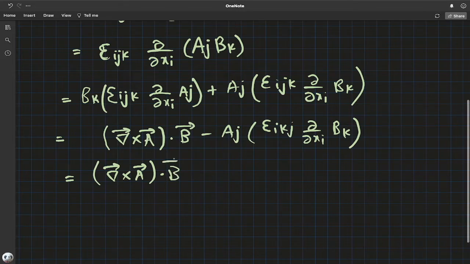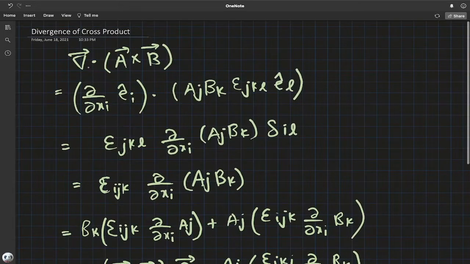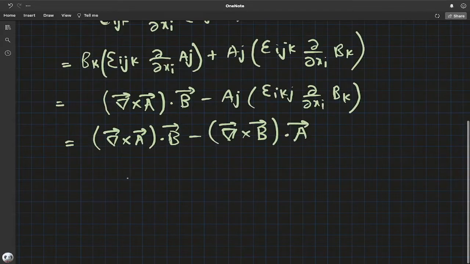And notice this term, just like the first one, just becomes the curl of B dotted with A. I needed to shuffle because I needed the i and k to match with these indices. So this is precisely what this term turns out to be.